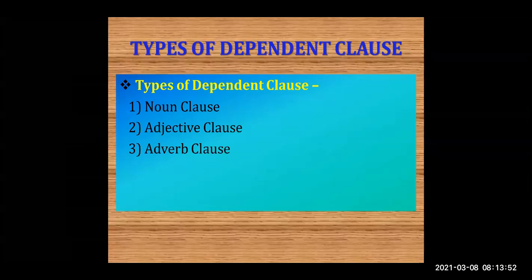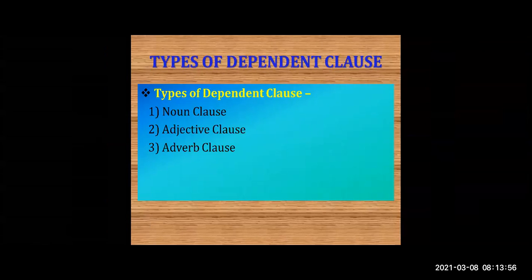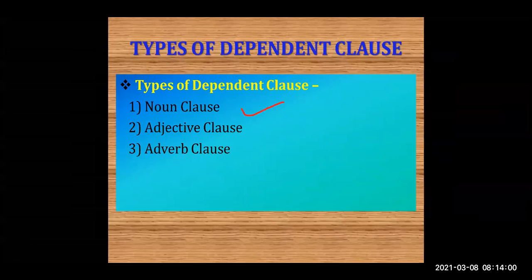The first one is the noun clause, the second is the adjective clause, and the third is the adverb clause. These are the three types of dependent clauses. First, we are going to see the first type, the noun clause.